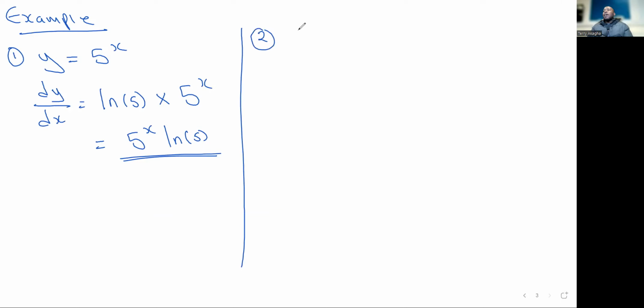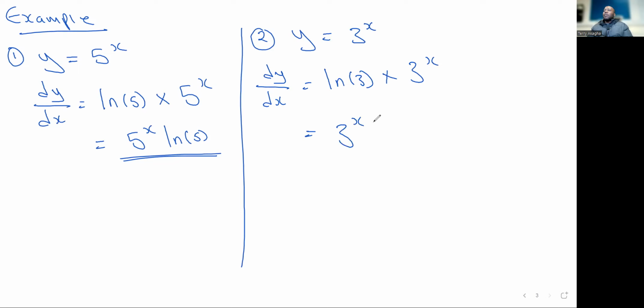Okay? Let's pick another one. Let's say we have y is equal to 3 raised to power x, the same thing. The dy over dx is going to be the ln of the constant multiplied by 3 raised to power x. And that will now give you 3 raised to power x ln 3. Okay?